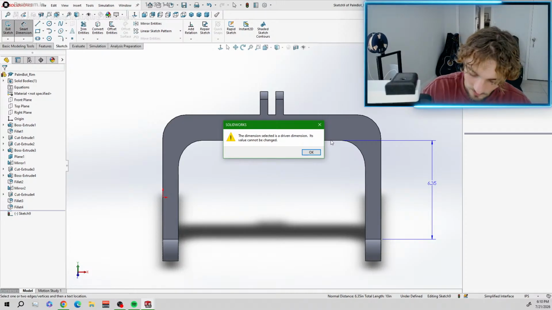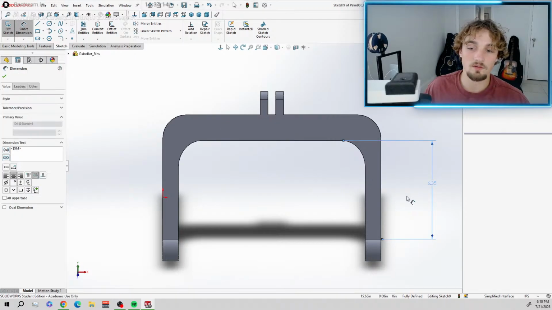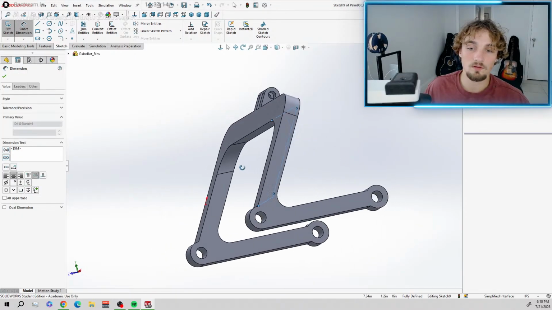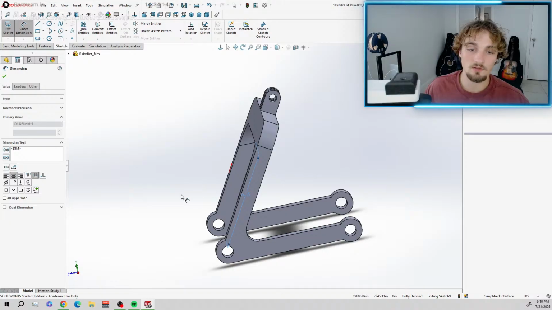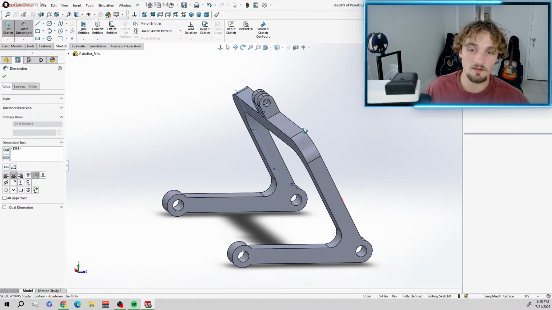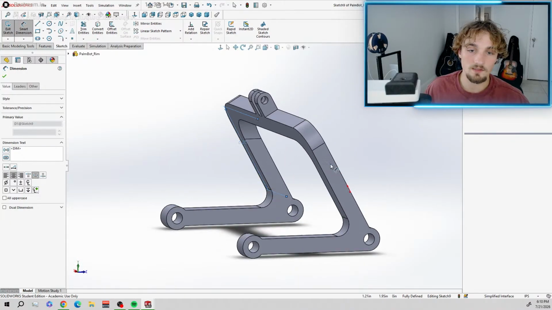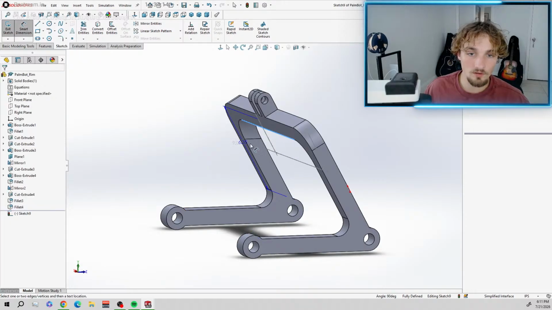6.35. I just need it. 6.35. But that's not like an actual height. Why can't I get a height? I guess that would work. Let me try this. What the? There's no way.